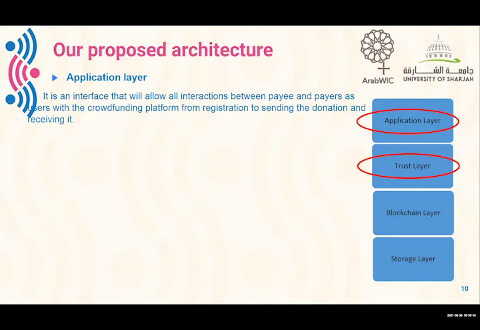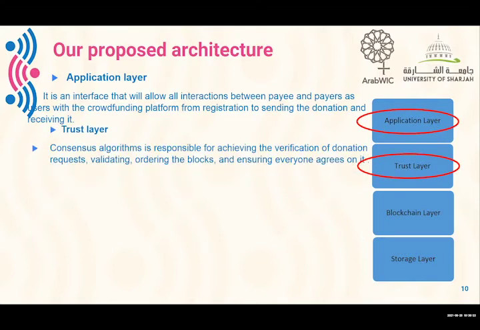The second layer is the trust layer. This layer is composed of two essential elements: the consensus algorithms, which are responsible for achieving the verification of donation request validation, ordering the blocks and ensuring everyone agrees on it.